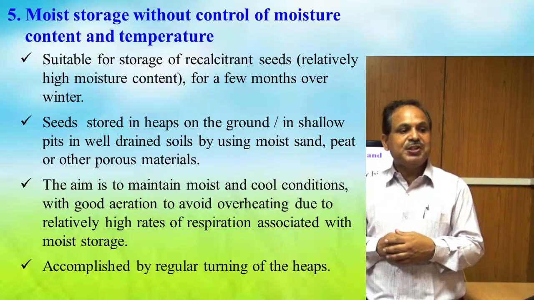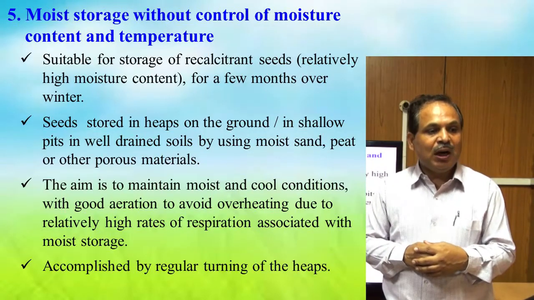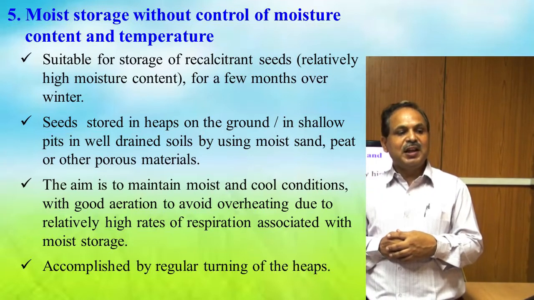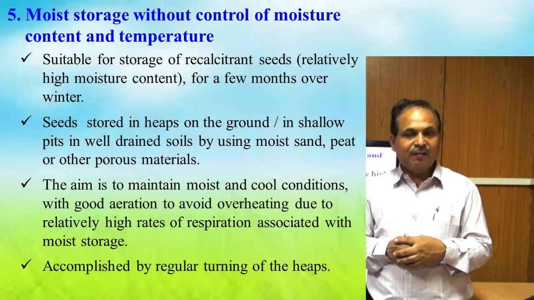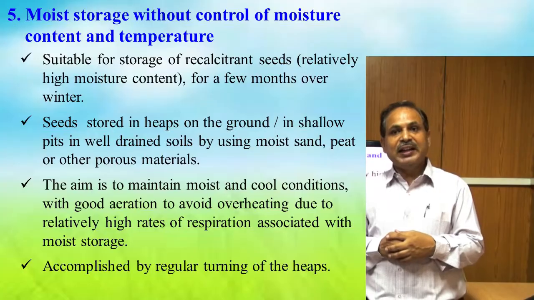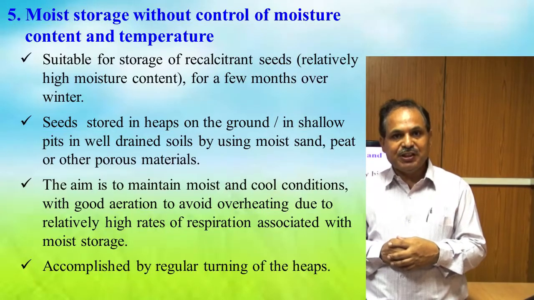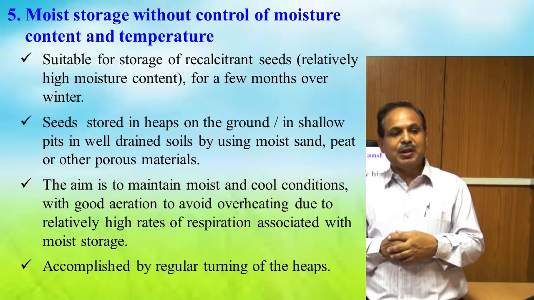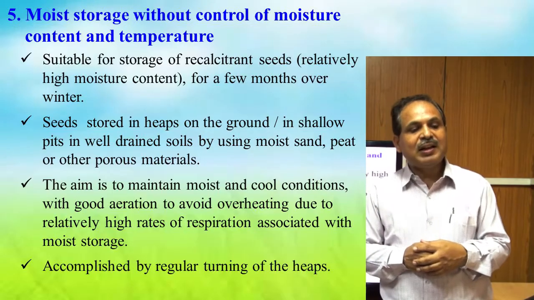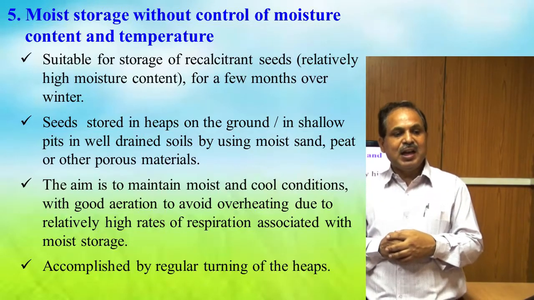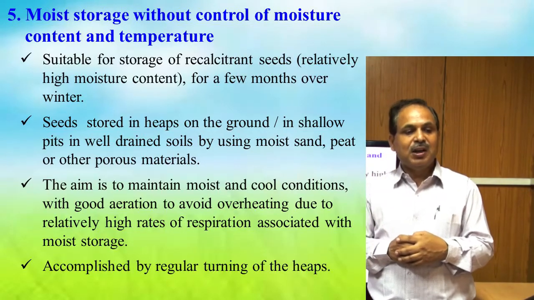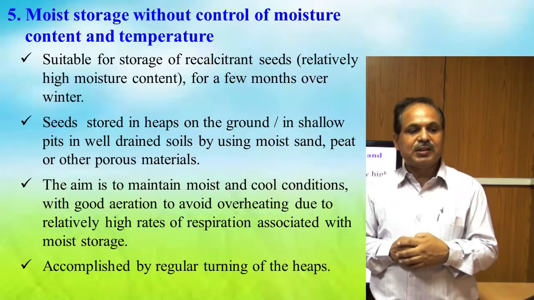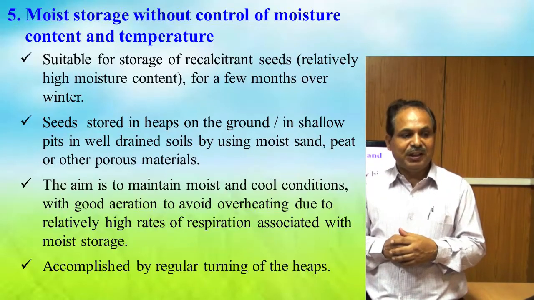Next is moist storage without control of moisture content and temperature. It is very suitable for recalcitrant types of seeds, which are stored at relatively high moisture content for a few months over the winters.